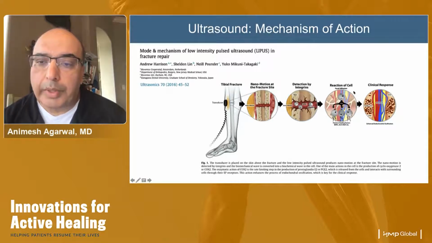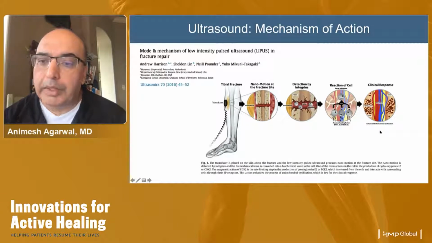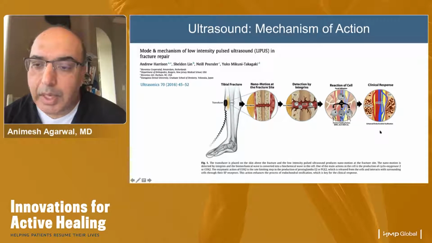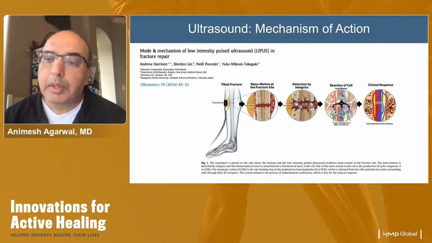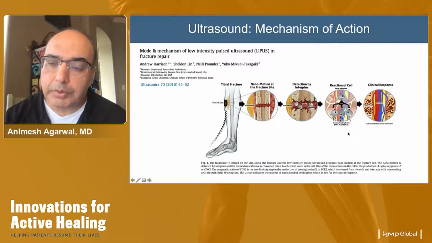There are reactions on a cellular level, which increase COX-2, which help promote formation of prostaglandins, specifically PGE2, and that helps increase fracture healing factors such as BMPs, VEGF, and other such factors. And this hopefully will give you a clinical response for enhanced endochondral ossification by helping to promote fracture callus formation and eventual fracture healing.